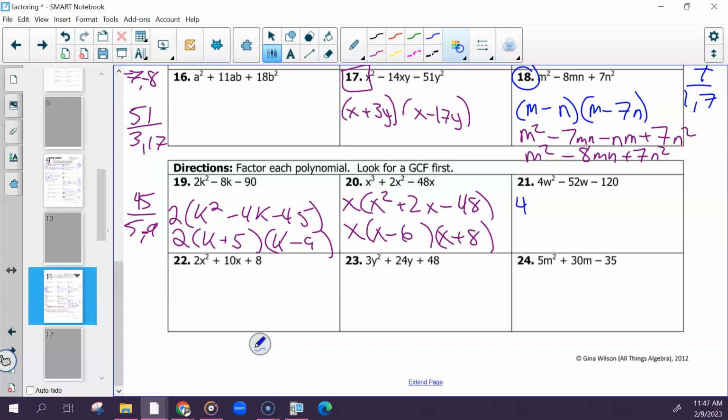So if we divide 4 out of each of these, what's left? Really close.